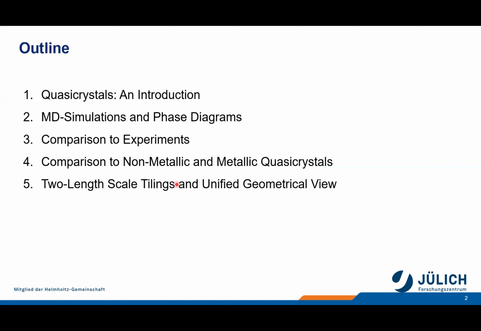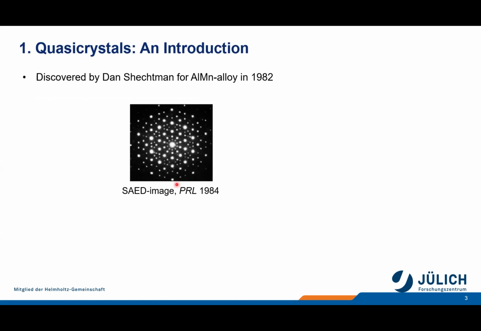This is going to be quite short, about polymers and small angle neutron and X-ray scattering to determine those quasicrystals, and then a comparison to metallic and other non-metallic quasicrystals. And the goal is at the end to provide some unified geometrically based understanding of the formation of quasicrystals.